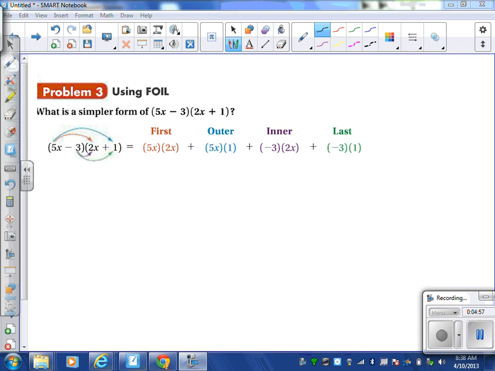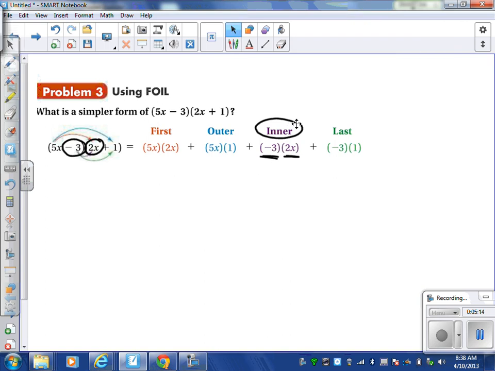The next number, we're looking at the inner. Look at the two numbers inside. We have minus 3x and we have 2x. So we're going to take negative 3 times 2x.